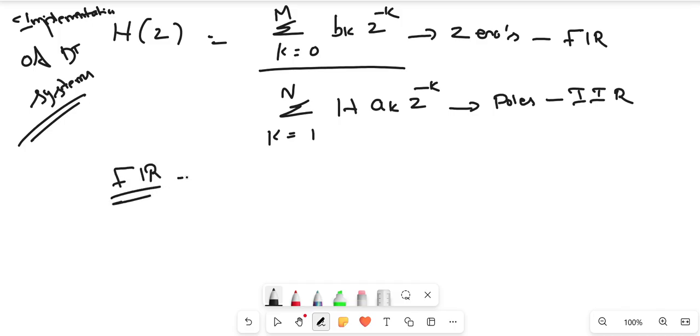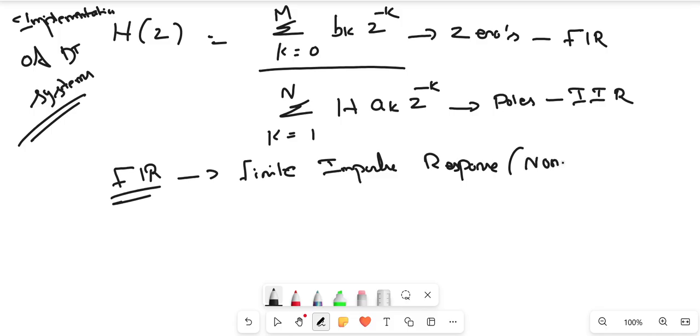So what is the FIR system? Finite impulse response, that is a non-recursive system. Non-recursive means there is no feedback in the system, which is easy to remember.